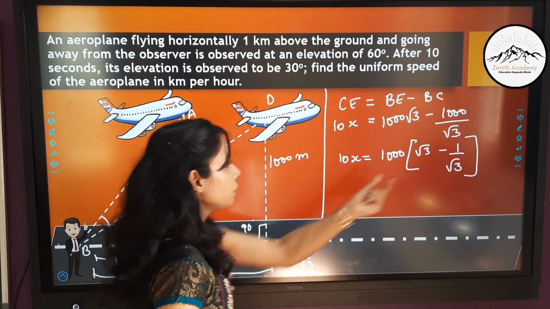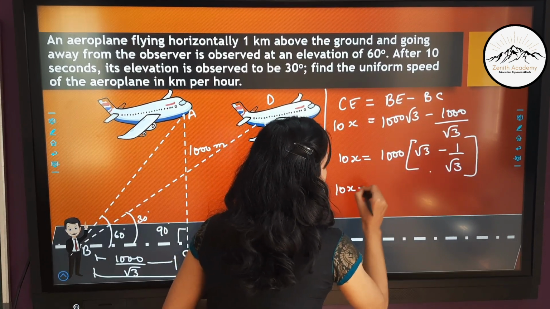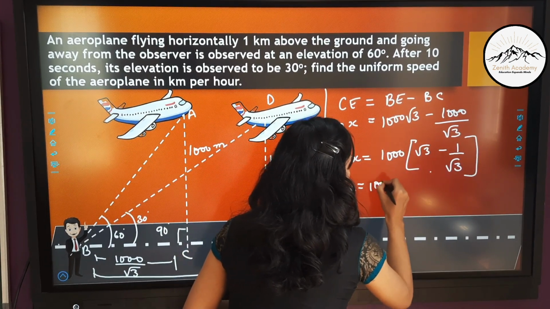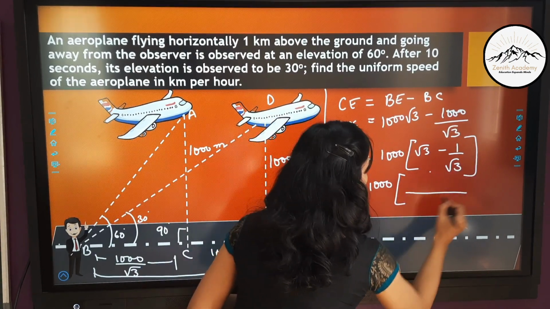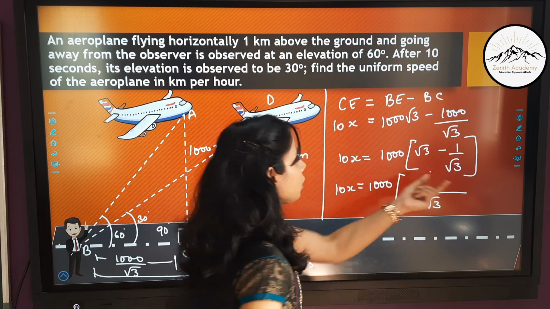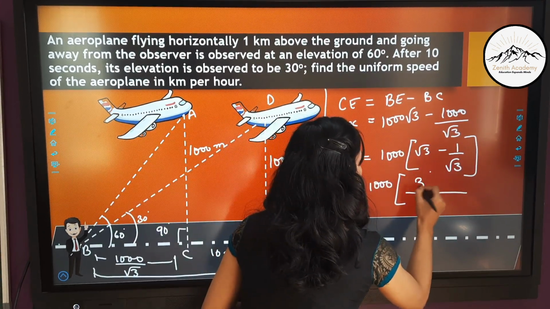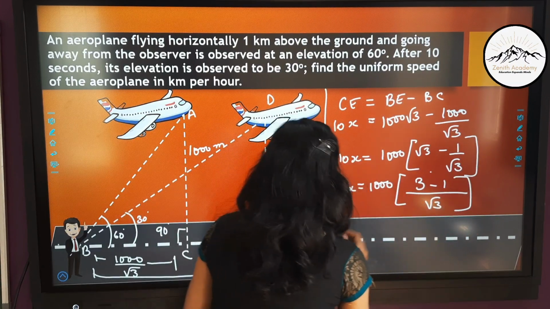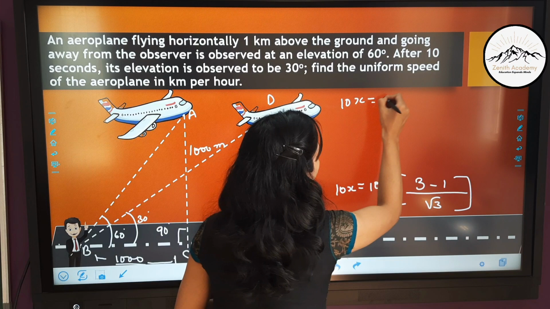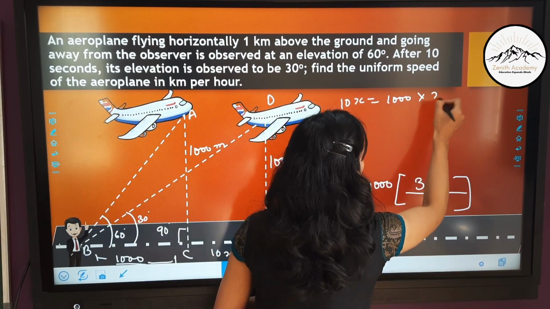Now what we can do? We can take the LCM and solve. So 10x is equal to 1000. When we take the LCM as root 3, we'll multiply here. So root 3 into root 3 will give us 3 minus 1, which is equal to 2 by root 3.